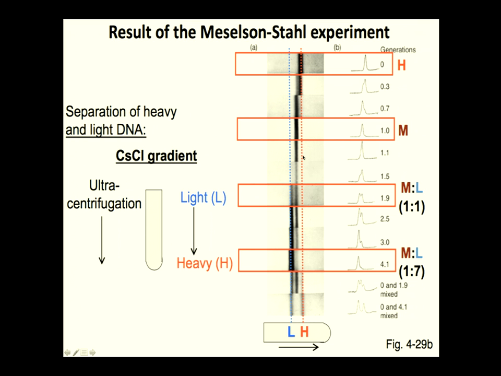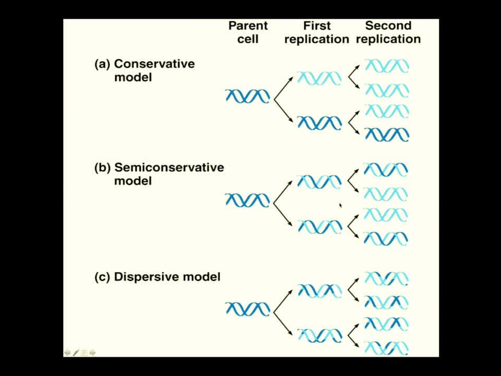So they centrifuged their solution, and this is what they got. They started with the heavy, right? And after a couple rounds of replication, you can see that this is merging in the middle, and then it ends within the light nitrogen, because this is what you will have at the end.